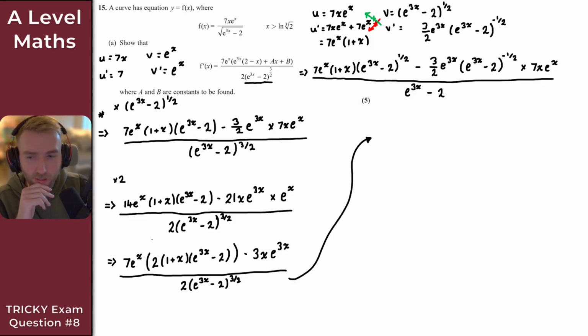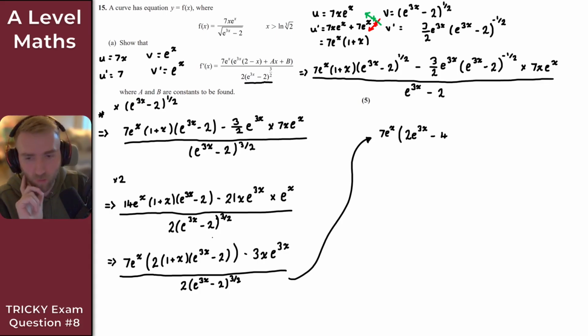So the 7 e to the x just stays on the outside. So 7 e to the x, like that. Now, inside the bracket, I get 1 times e to the 3x. That's just e to the 3x, but times that by the 2 on the outside, so I get 2e to the 3x. I've then got 1 times minus 2, so that's minus 2. Times it by 2, I get minus 4.